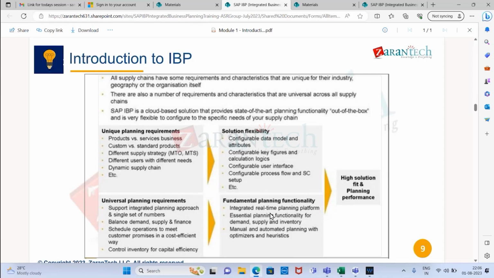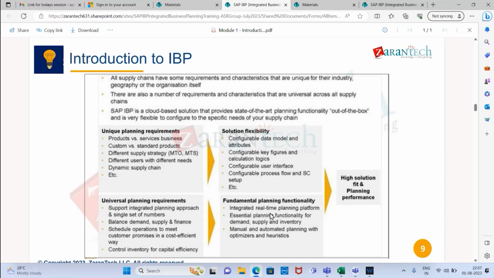Most organizations have many processes which are standard, which are used by many other organizations, for example, a forecasting process. Universally, a lot of organizations use a moving average as a common process to identify their future forecast.